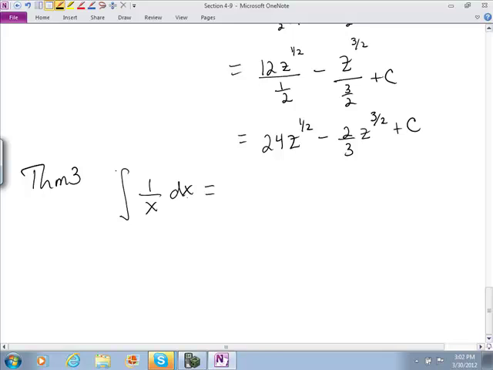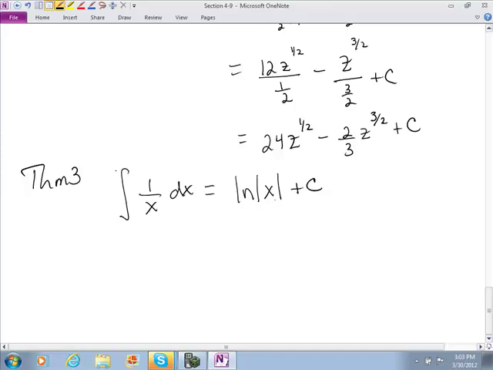Well, that's the logarithm. It is the logarithm of x plus some c. Now, the only problem here is that you can't take the log of a negative number. So for your general antiderivative, you have to make sure that the x you're taking the log of is positive. So we put our answer in absolute values.